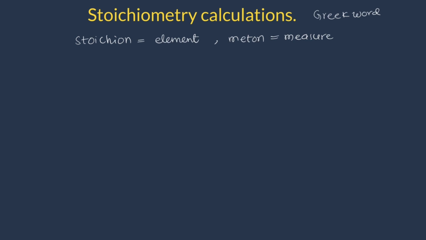So totally, stoichiometry, somebody will pronounce it stoichio, but it depends. This is stoichiometry, meaning element measurement. So we know now stoichiometry means element measurement.